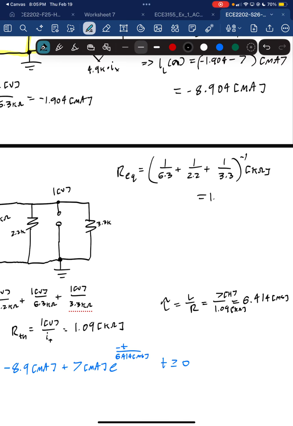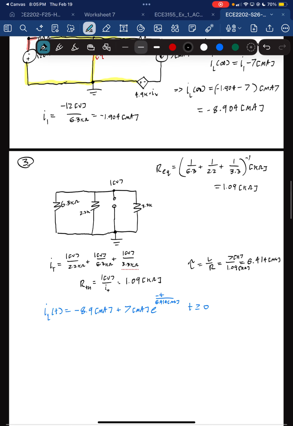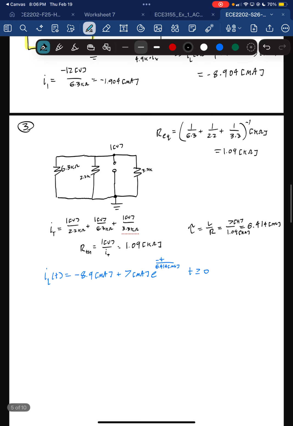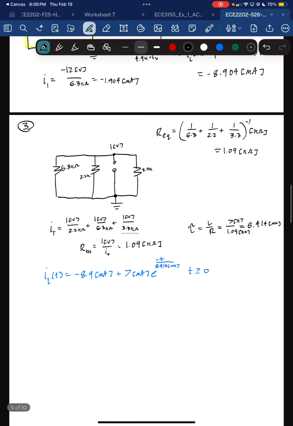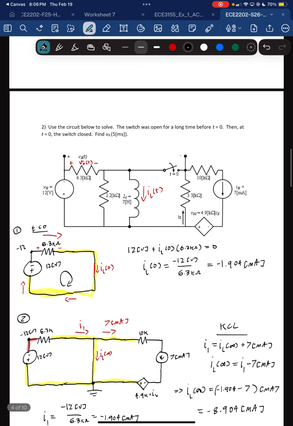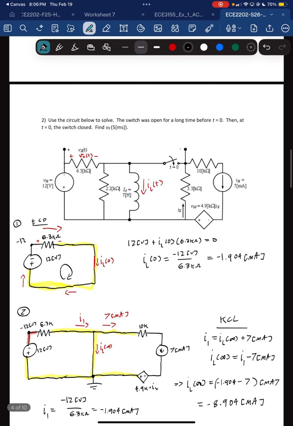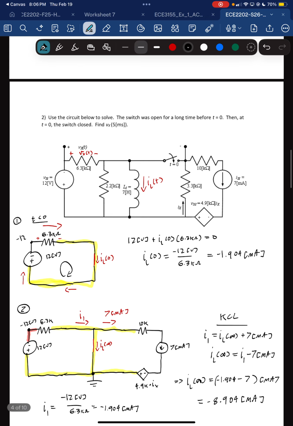And that's going to give you 1.09 kilo ohms. All right. So, yeah. Now the last step is to find Vx.